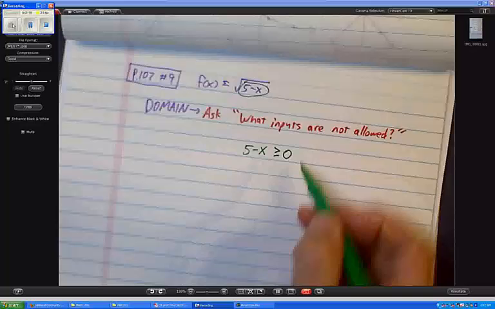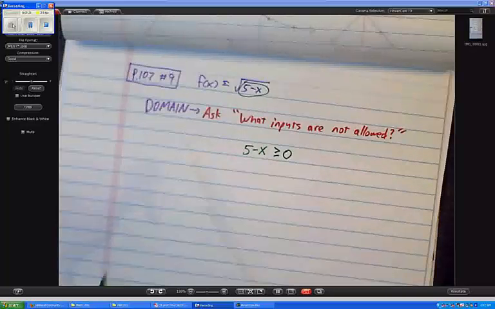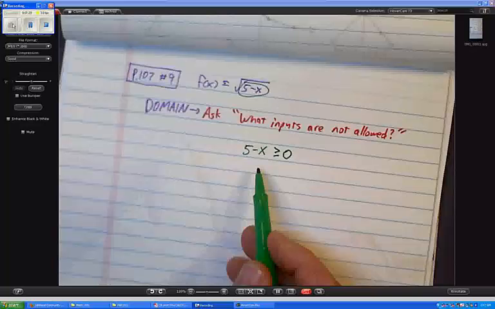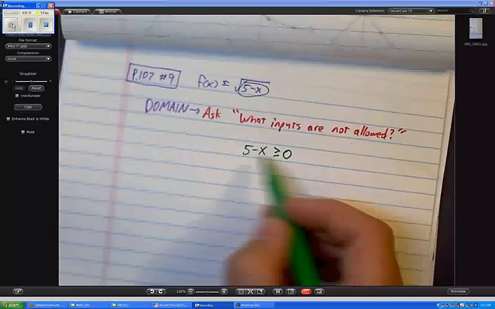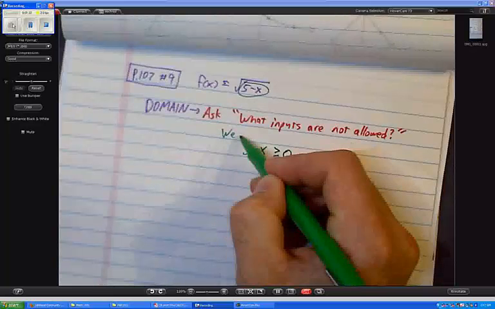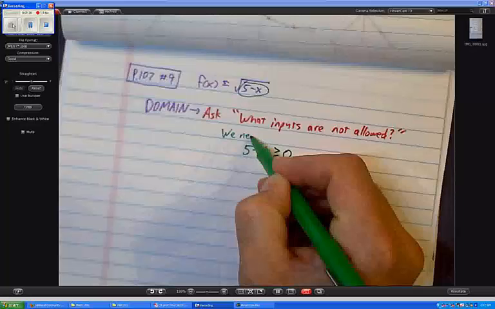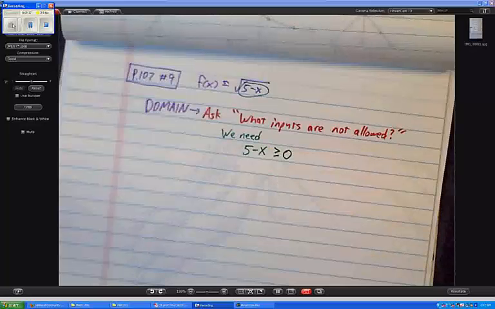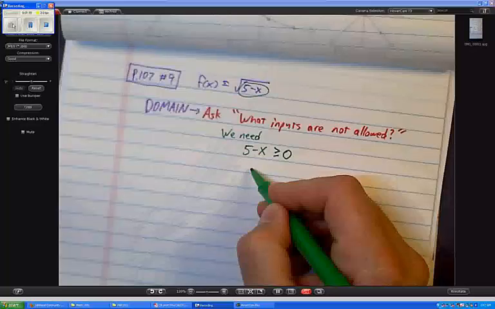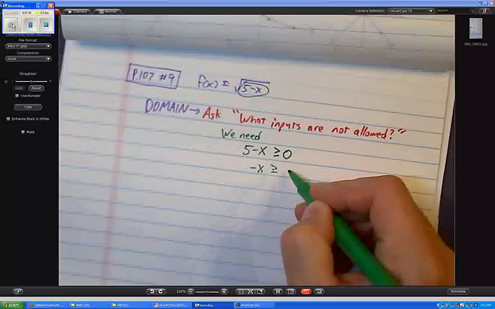The stuff under the square root has to be greater than or equal to 0. You with me so far? So now I'm going to solve for x. So we need 5 minus x to be greater than or equal to 0. So we need negative x to be greater than or equal to negative 5.